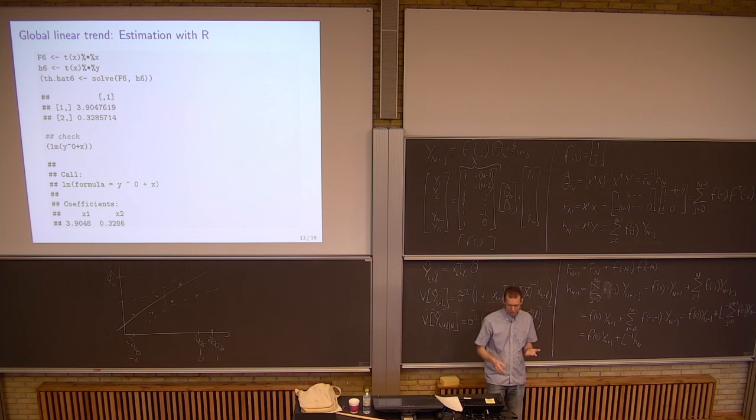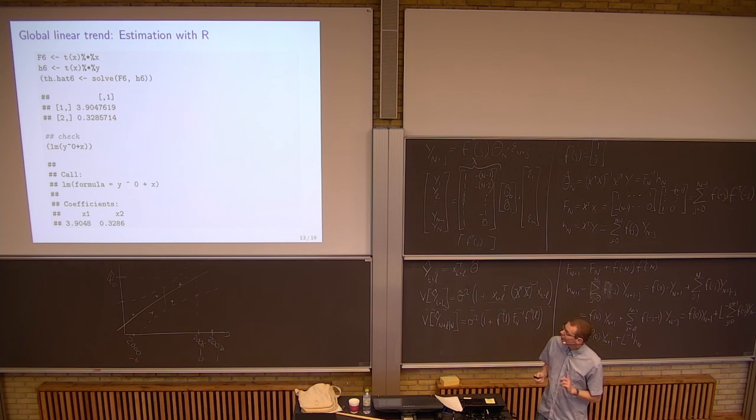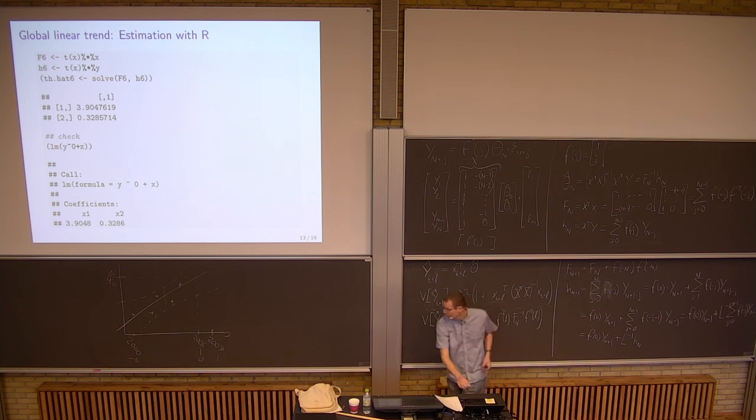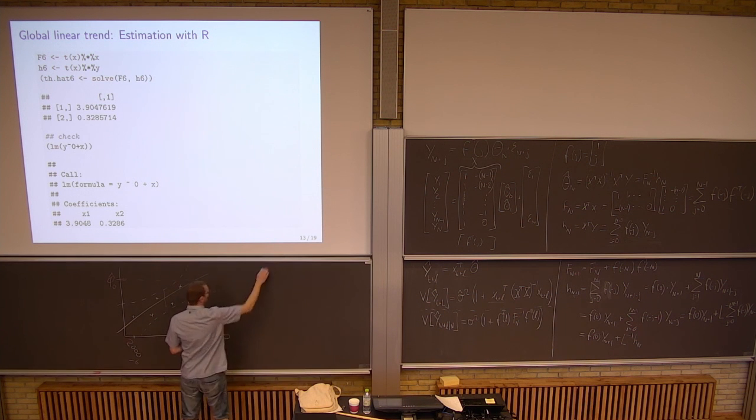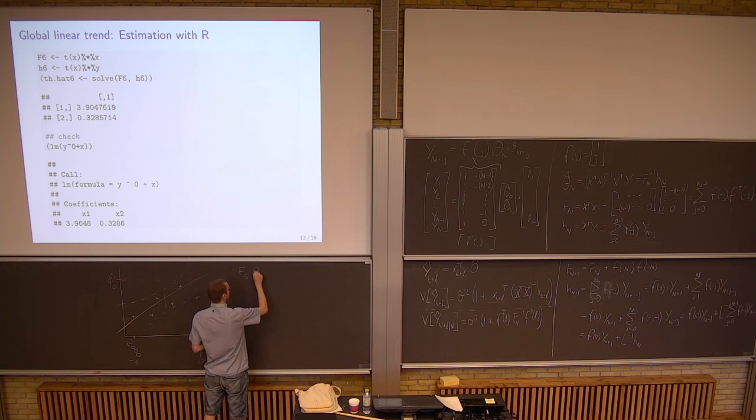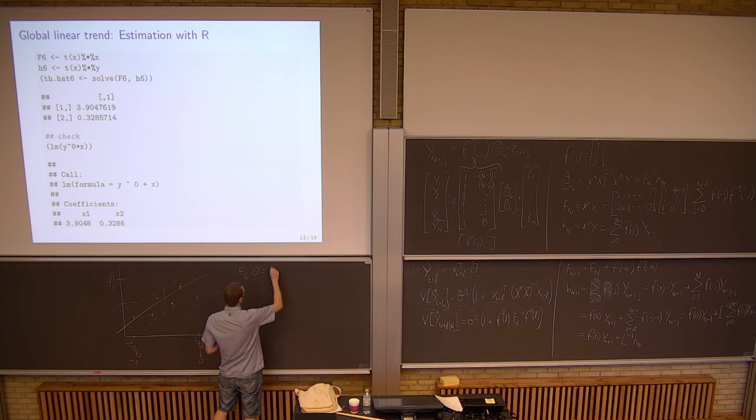In R, there's one thing I did differently last week, but I want to stress it. If I calculate the manual way, X transpose X as F6 and H6 as X transpose Y, then rather than inverting F6 and pre-multiplying on H6, I would rather solve the equation F6 theta equals H6.